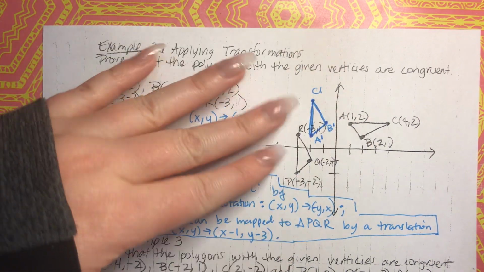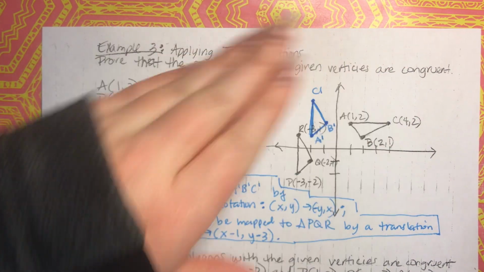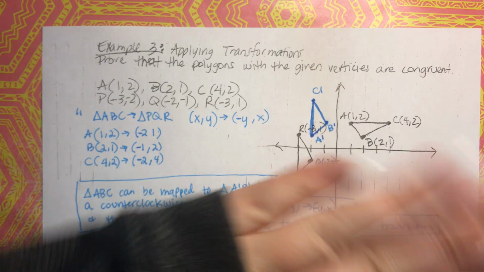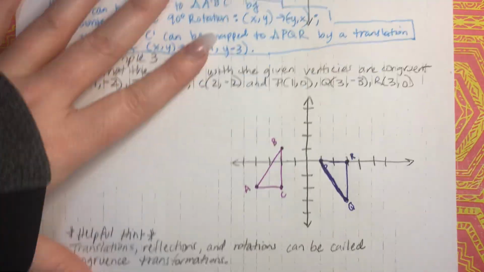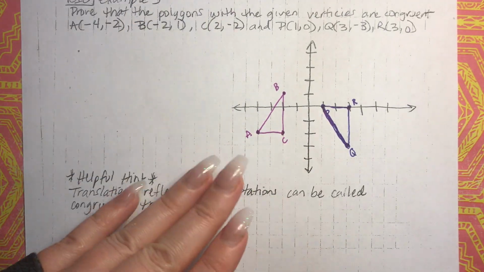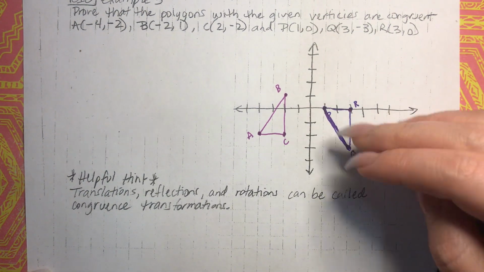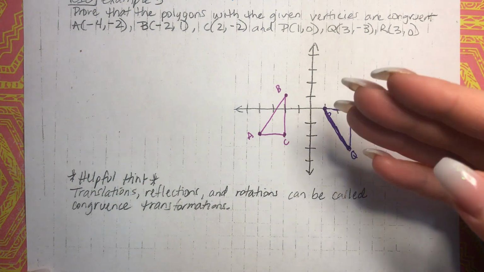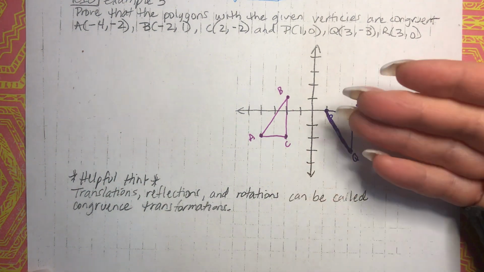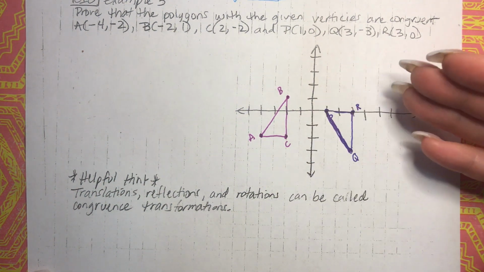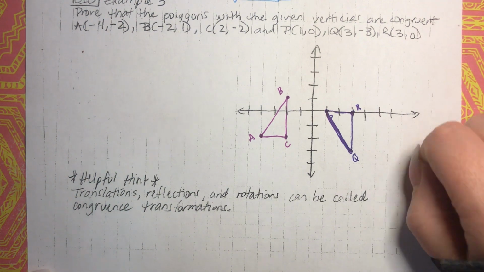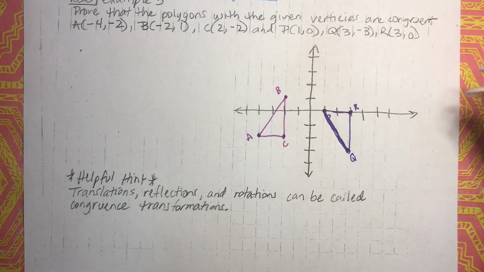Right now it's just not even in the right position. I can tell that this is pointing down and this is pointing up, and when that's happening, we know that it's a reflection. So I want to reflect it first, and then from there, I can easily do the translation, which will probably be the case.